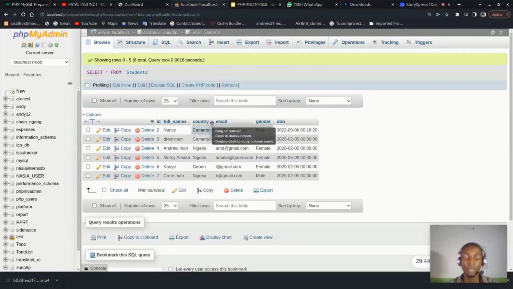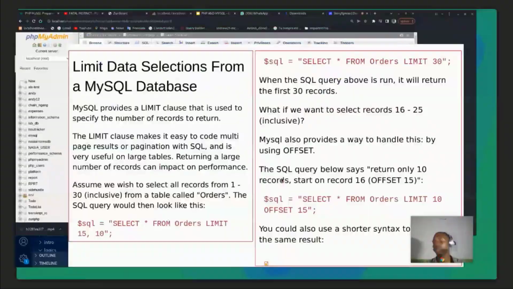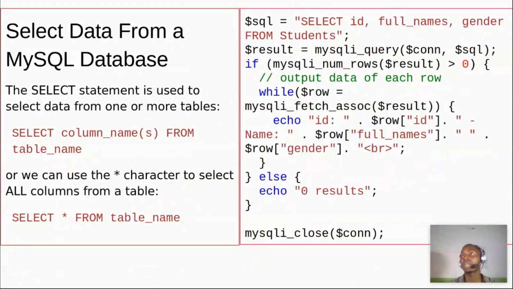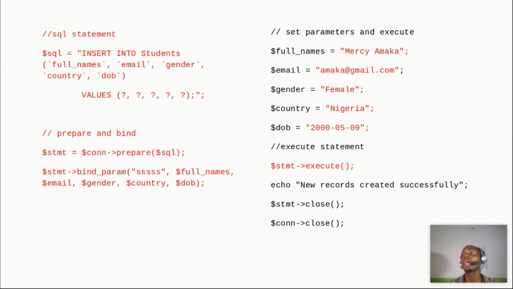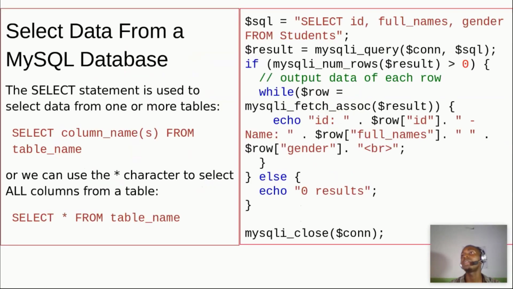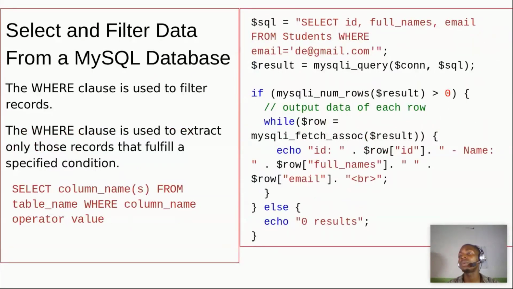So just a recap, I'm going to walk through the slides back to here. We use prepared statements to secure our database, avoid SQL injection, optimize our queries, and so on. And this is the syntax on how to use a prepared statement. Then you can use the select keyword to get data from the database, and you can also filter the data you're getting.